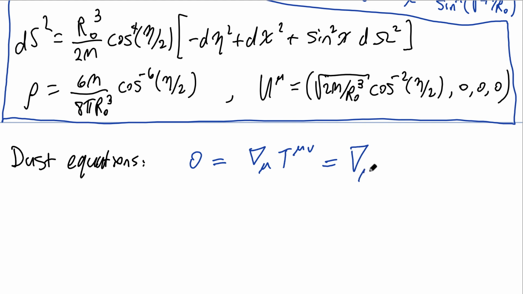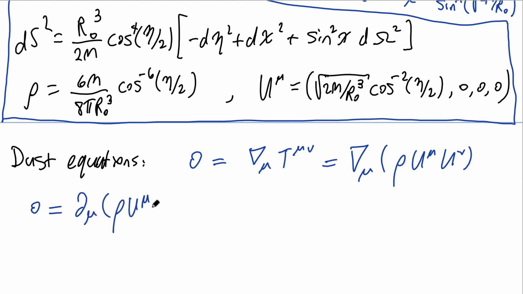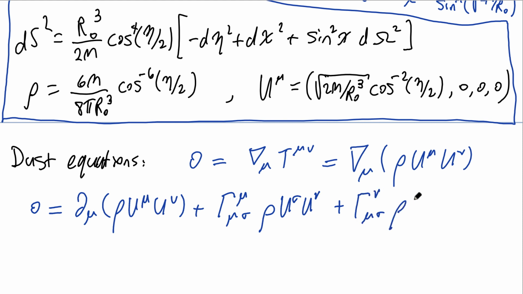So for the case of dust, T mu nu is rho u mu u nu. We can write this out in detail as partial mu of rho u mu u nu plus gamma mu mu sigma rho u sigma u nu plus gamma nu mu sigma rho u mu u sigma.